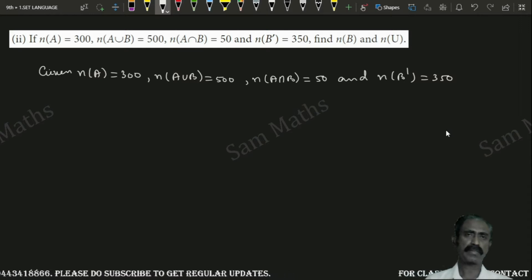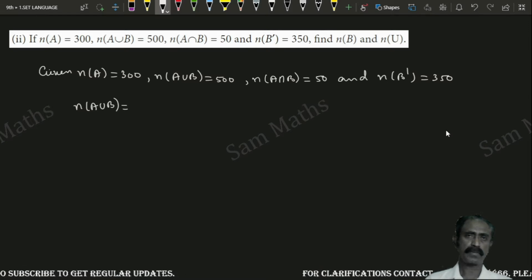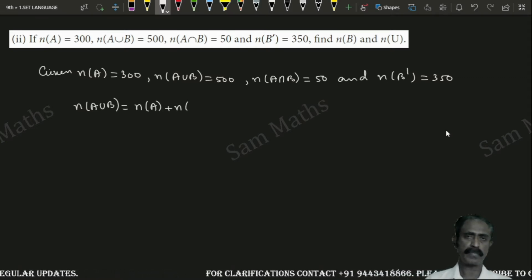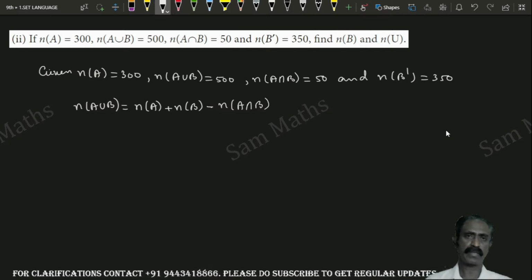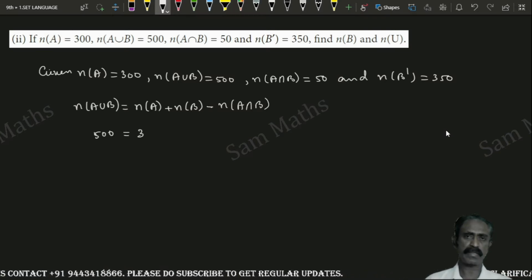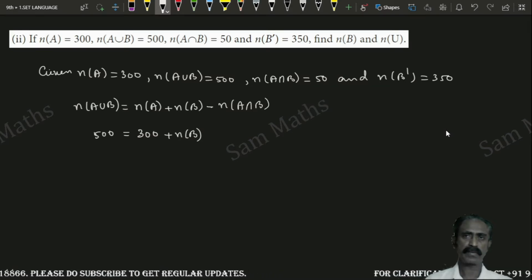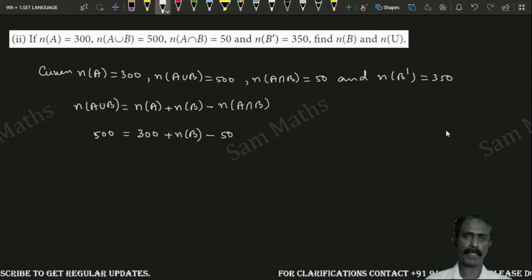We know the result. N of A union B equal to n of A plus n of B minus n of A intersection B. A union B value is 500, n of A is 300, n of B we have to find, minus n of A intersection B is 50.